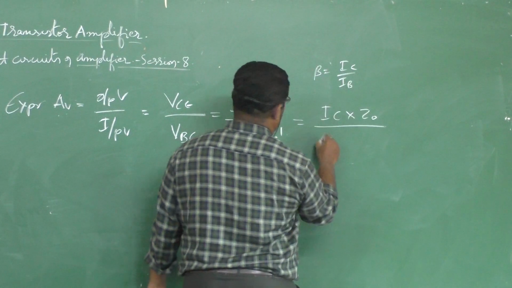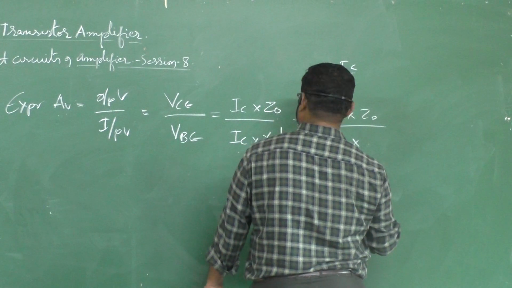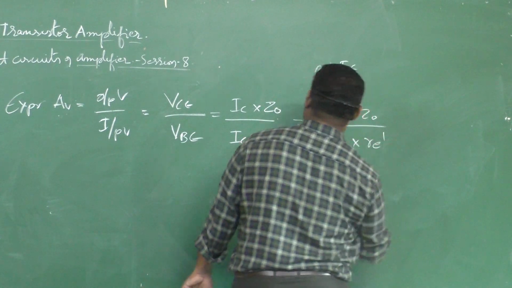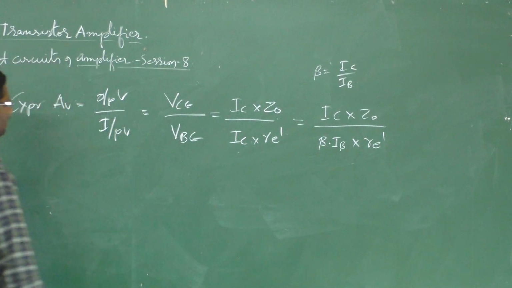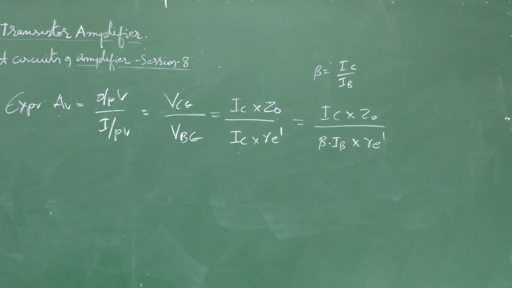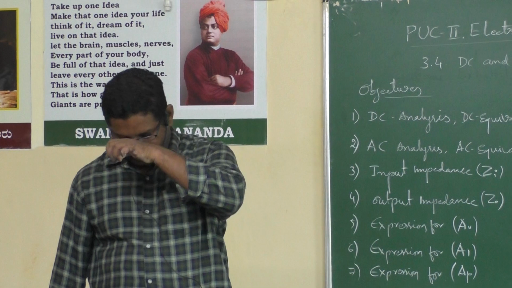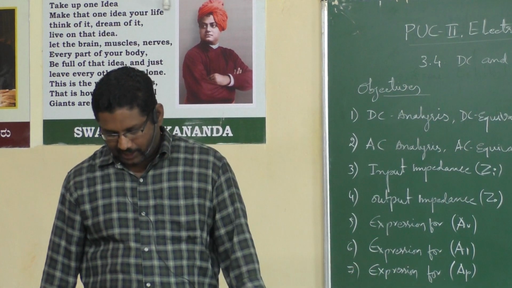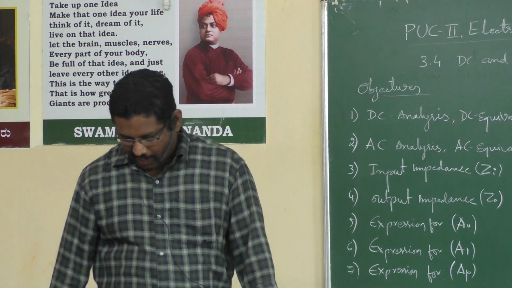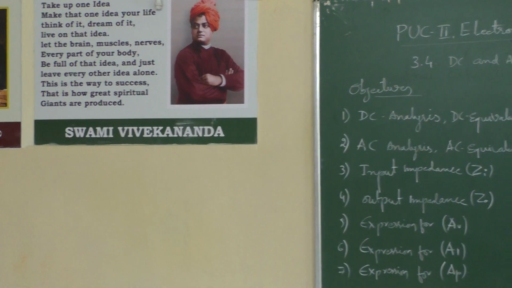So IC is equal to beta into IB multiplied by RE dash. So we can use any of the expressions for voltage gain, and sometimes AV is equal to ZO divided by RE dash.